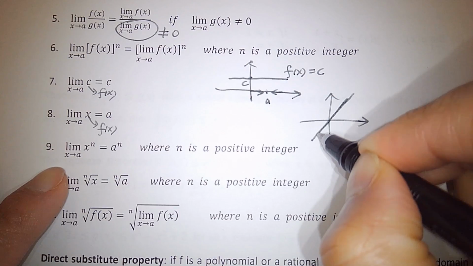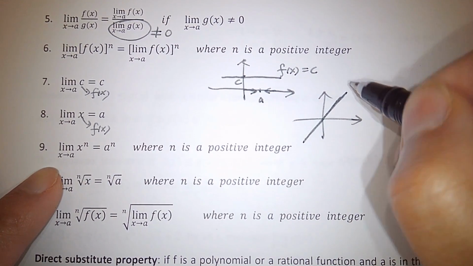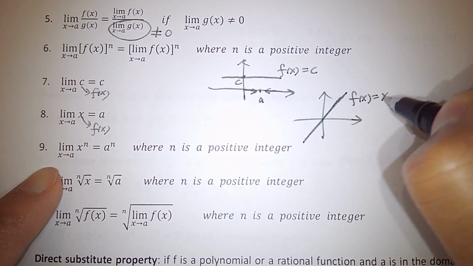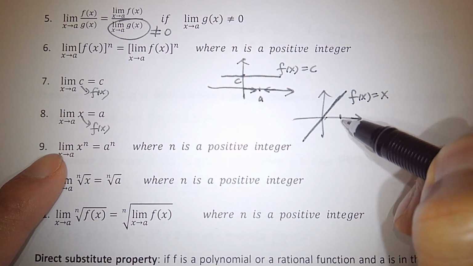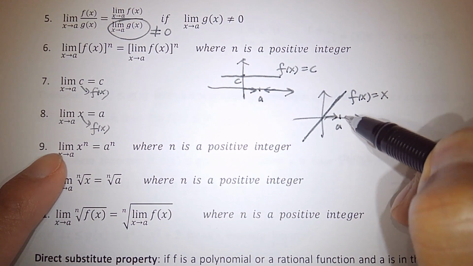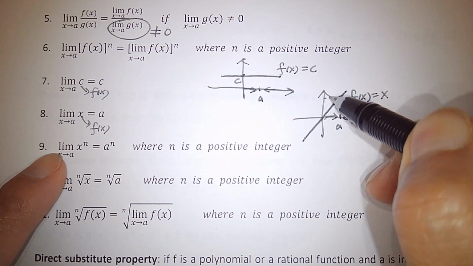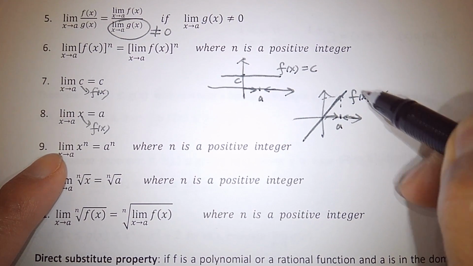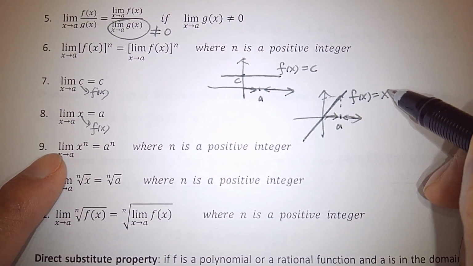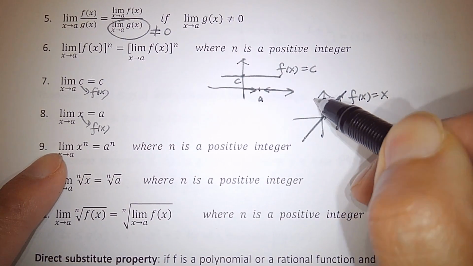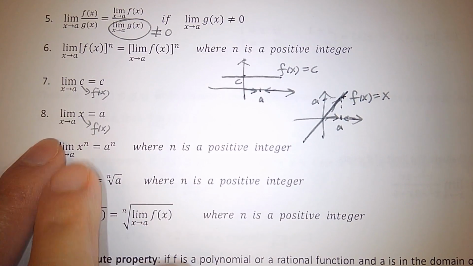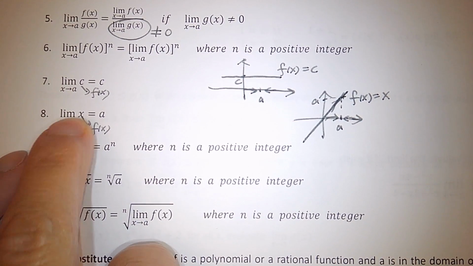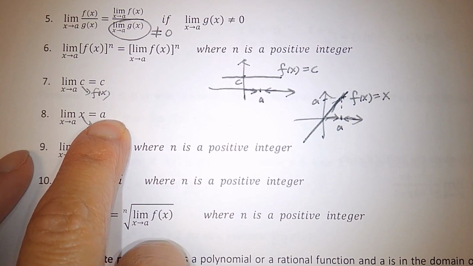This is a straight line. So when x approaches a from both directions, how about the corresponding y value? Because y equals x, when x approaches a, y should also approach a. So the limit of x as x approaches a equals a.